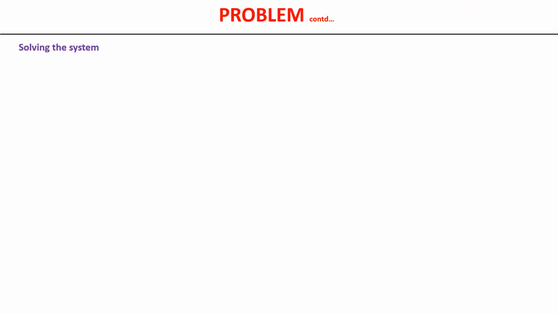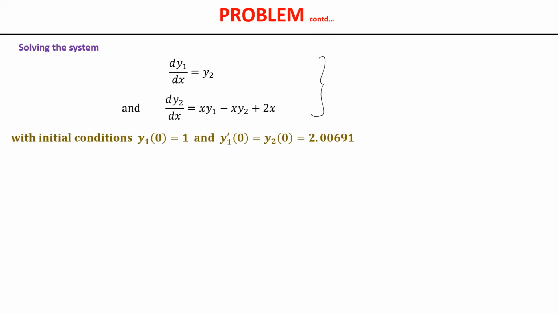So what is finally done is the system of simultaneous first order differential equations given in this manner was solved with two initial conditions, where one was given to us in the problem, the other was obtained using the shooting technique.